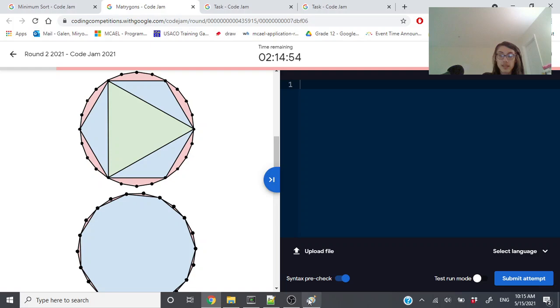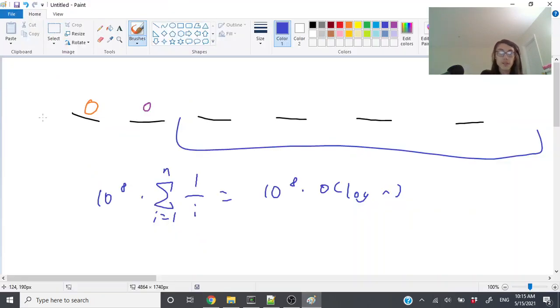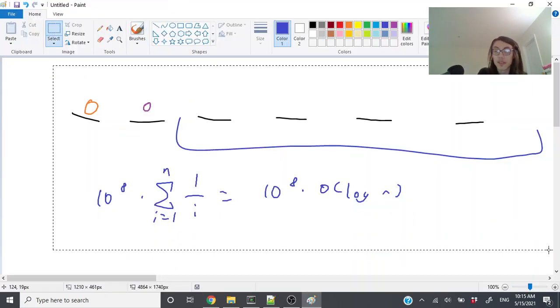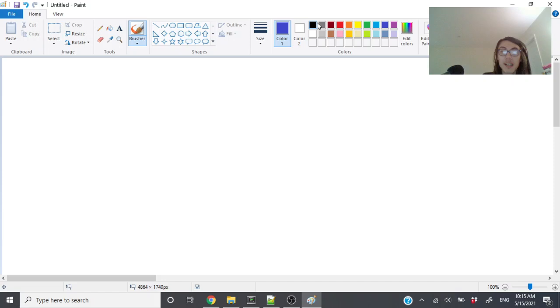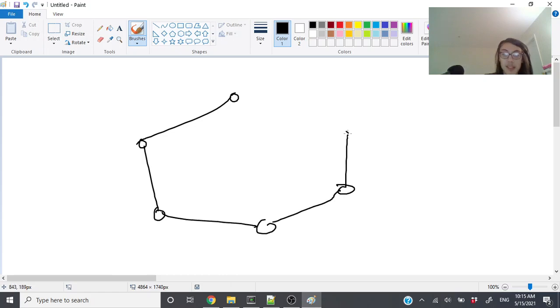Okay, so the idea is that when we have a polygon of a certain number of sides, if we want to have some other polygon that's embedded inside it, then it has to be regular and equiangular.